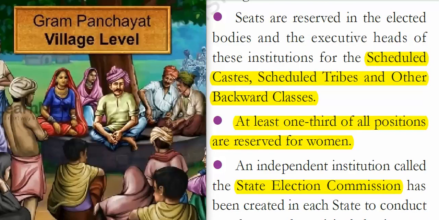Seats are reserved in the elected bodies, and the executive heads of these institutions for the scheduled castes, scheduled tribes, and other backward classes. At least one third of all positions are reserved for women.